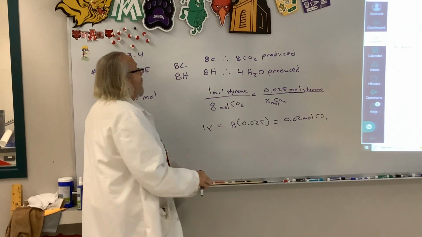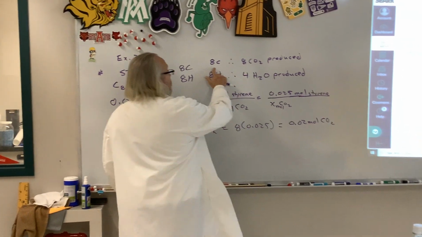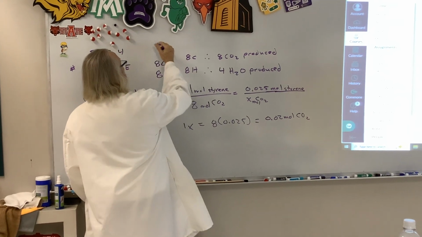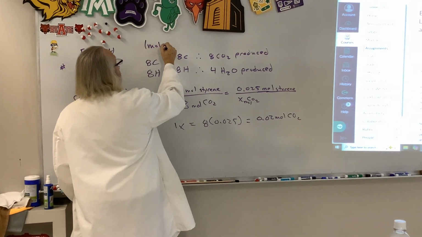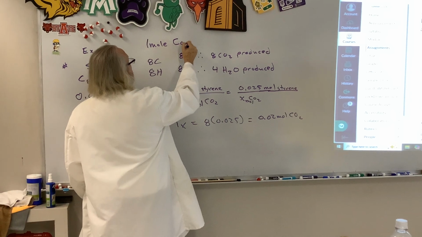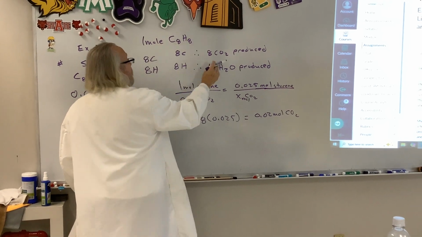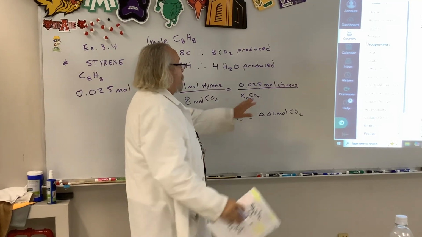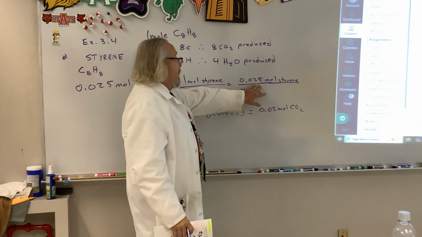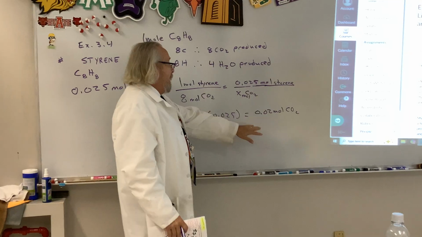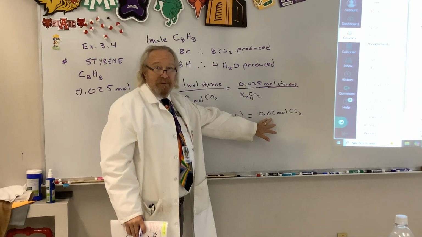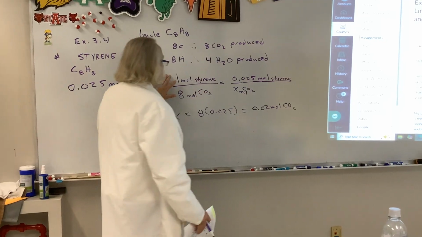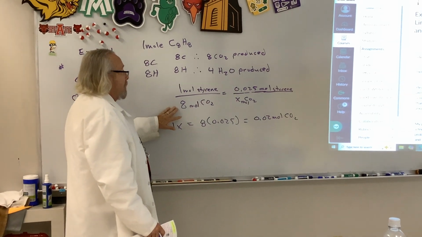But if for every mole of styrene I get 8 moles of CO2 produced, all I need to do is multiply that by 8. 0.025 times 8 is 0.2. So for the water produced, I get 1 mole of styrene per 4 moles of water.